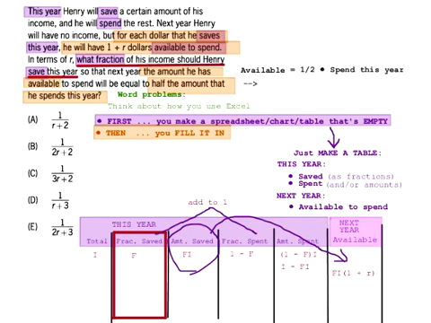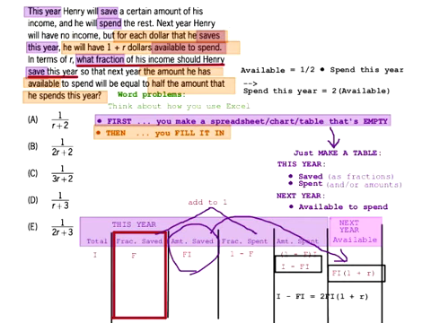That's the same thing as spend this year is twice available next year. So spend this year is that. Available next year is that. So I minus IF equals 2 times IF times 1 plus R.